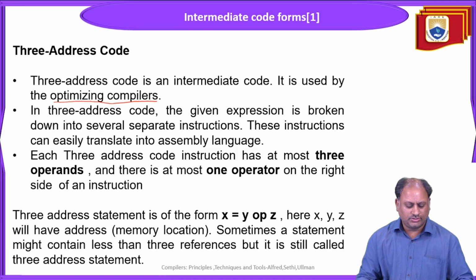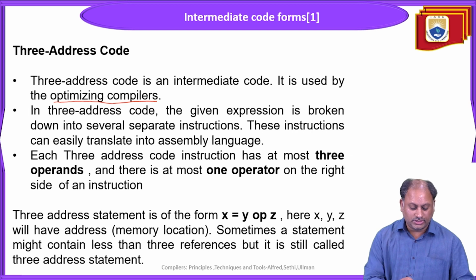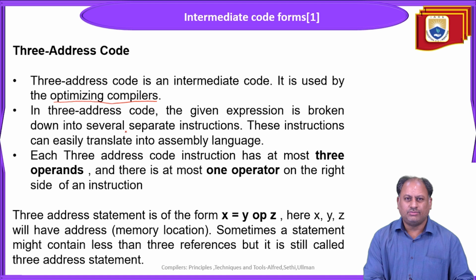It is the fifth phase of the compilation. We will see shortly what this optimization is. If an expression contains more operators and operands, that means more references, then we can separate it into three address code notation, and then it can be translated into the corresponding assembly language program.